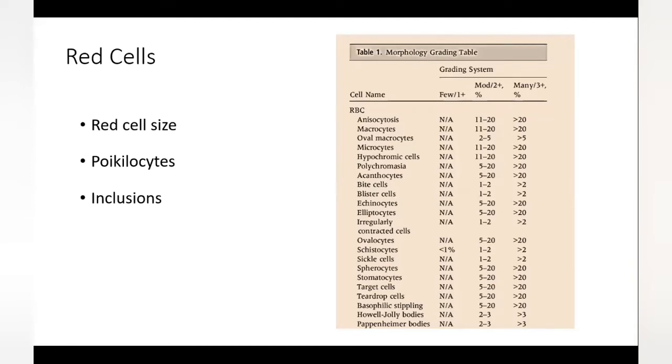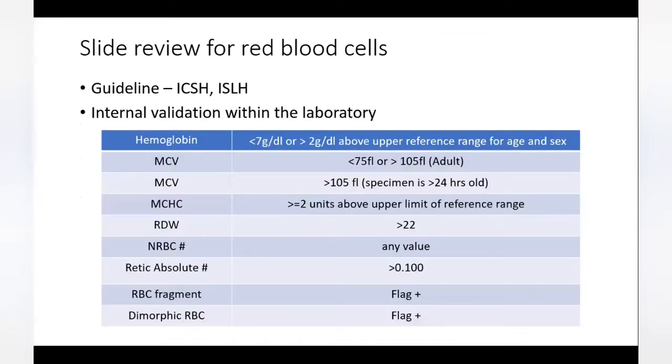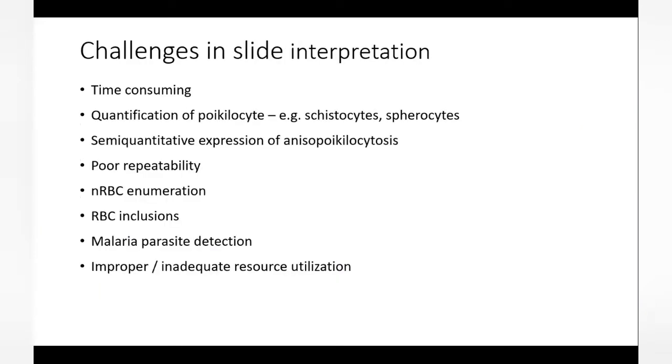And if we go deeper into each of these, we'll realize that the sizes, whether they are microcytic, normocytic, or macrocytic, and whether they are normochromic or hypochromic, and then the poikilocytes, like the various types of RBC shapes, and then trying to quantify each of them, and in combination and collating all of this, what we see, we try to arrive at some kind of a diagnosis, and also to see if there are inclusions. So slide review criteria for RBCs is also important.